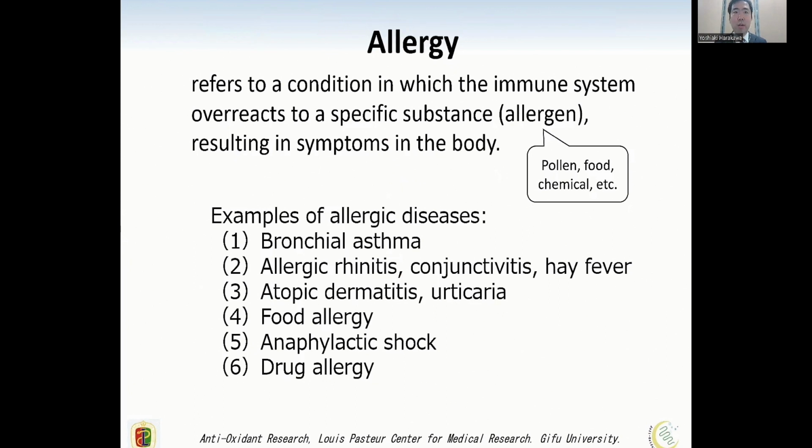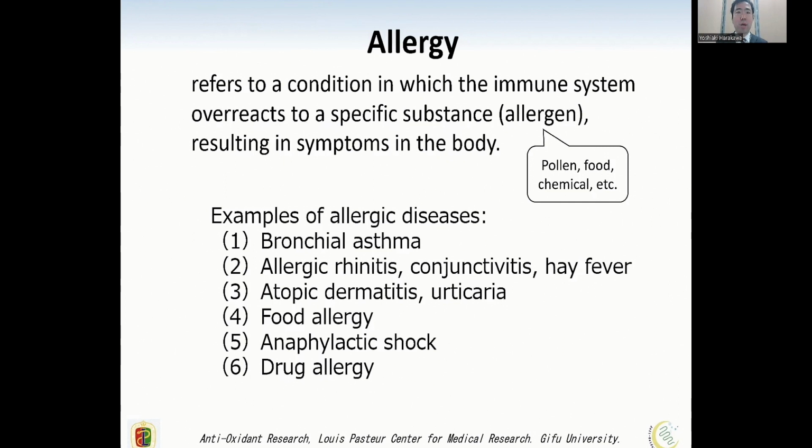Allergy is now one of the most familiar diseases. Allergy refers to a condition in which the immune system, which protects the body from foreign substances, overreacts to specific substances, or allergens, resulting in symptoms in the body.